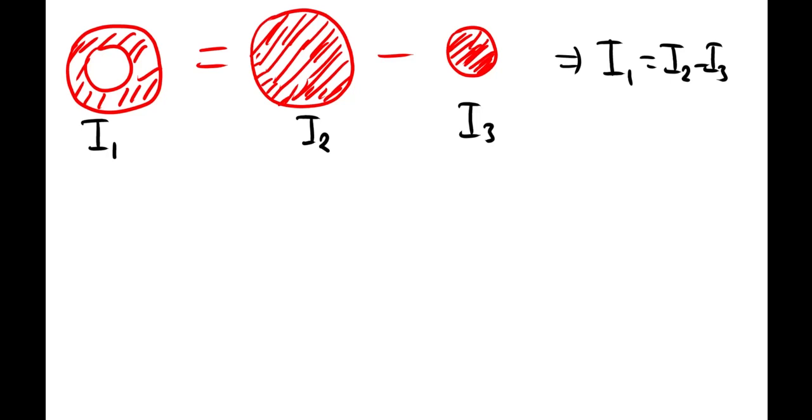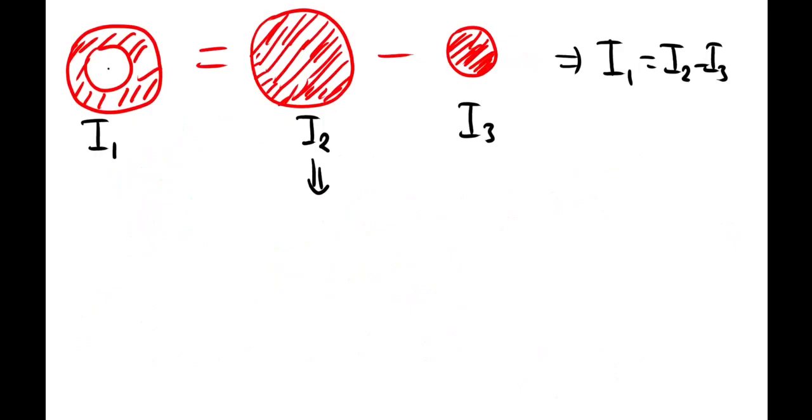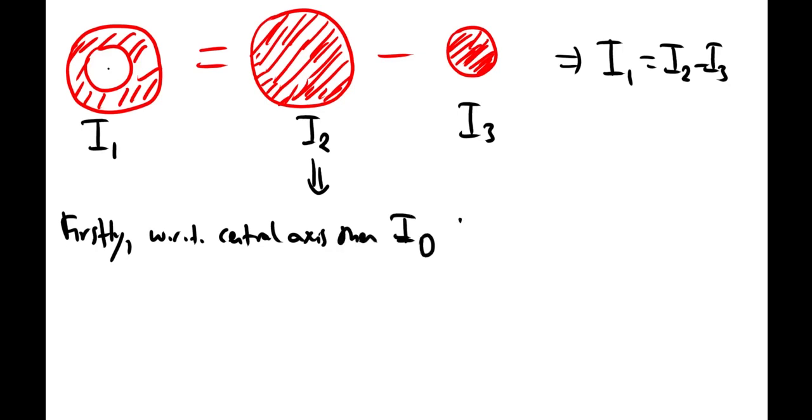Okay, let's start from the I2 value. But in all of these cases, I will find it with respect to the central axis and then use the parallel axis theorem. And the central axis means just this one.